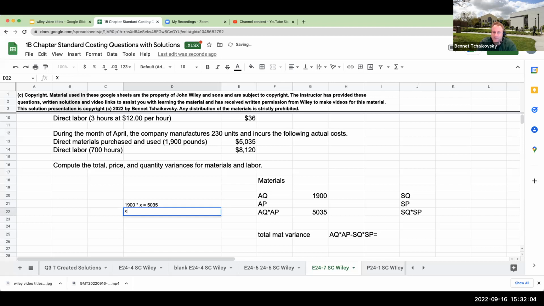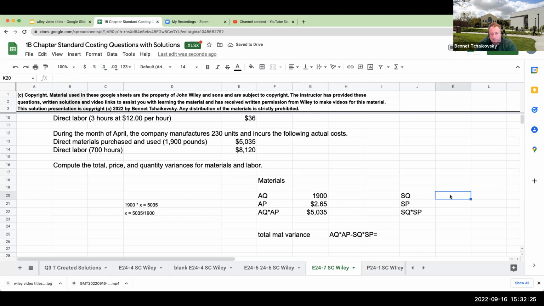That means X is going to equal 5,035 divided by 1,900, which is $2.65 per pound. So that is what I actually spent.